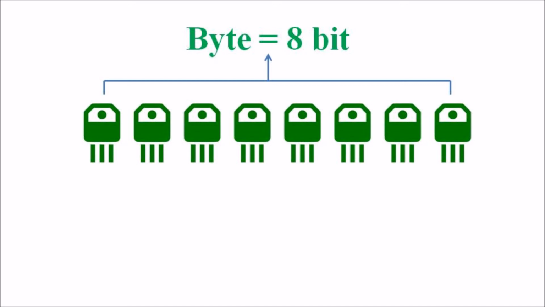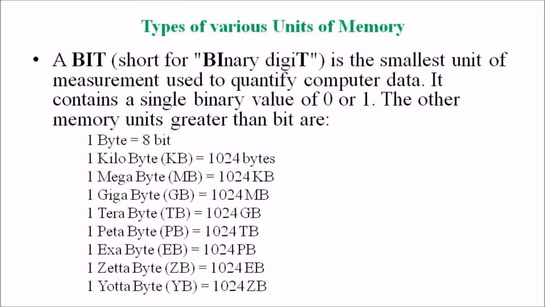Other common memory units which are greater than a bit are: 1 byte is equal to 8 bits, 1 kilobyte is equal to 1024 bytes, 1 megabyte or MB is equal to 1024 kilobytes, 1 gigabyte GB is equal to 1024 megabytes, 1 terabyte TB is equal to 1024 gigabytes, 1 petabyte is equal to 1024 terabytes, 1 exabyte is equal to 1024 petabytes, 1 zettabyte is equal to 1024 exabytes, and 1 yottabyte is equal to 1024 zettabytes.